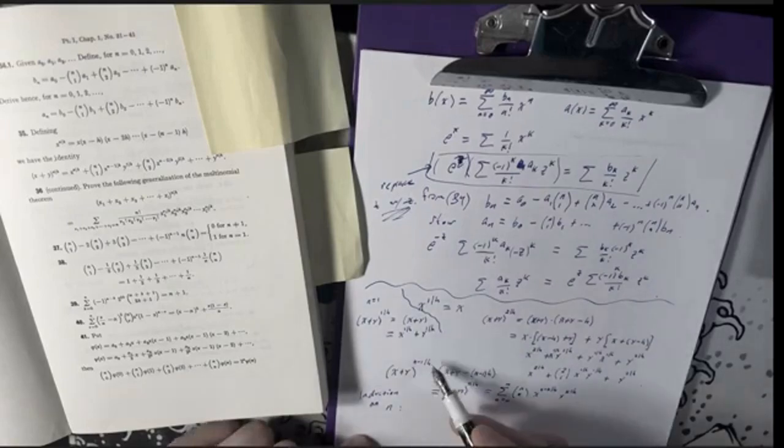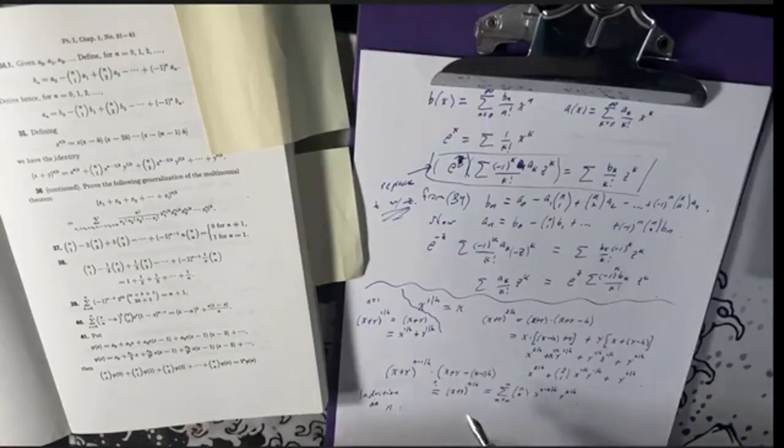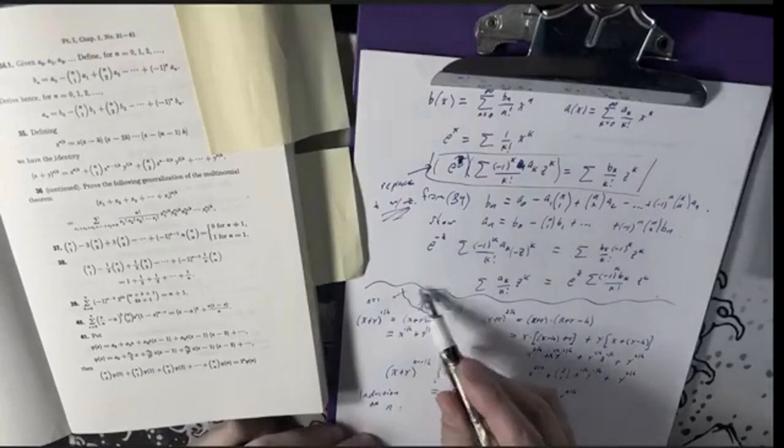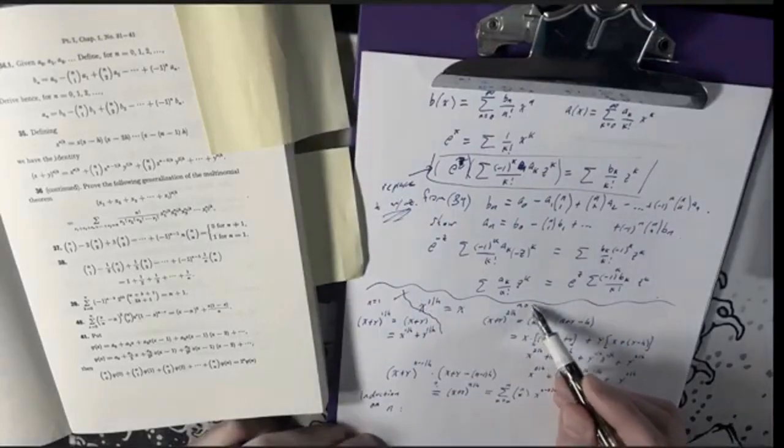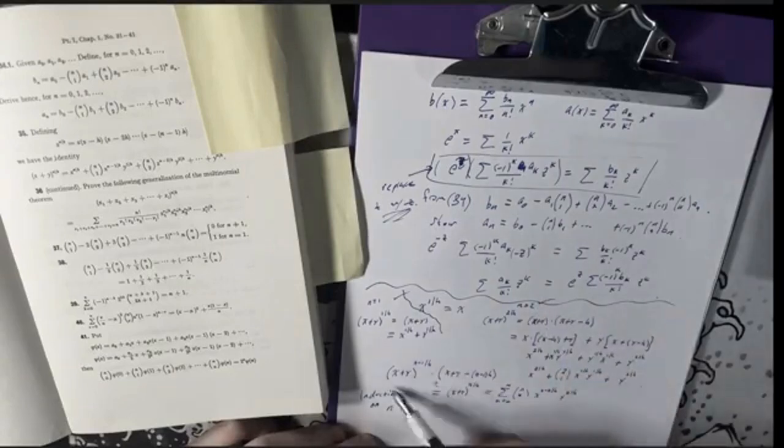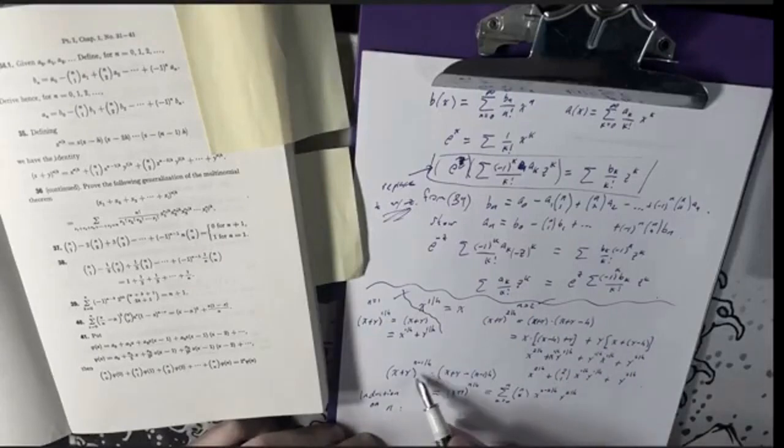So here we're assuming that it's true for this case. I already saw that it's true for 1 and 2. But now we're assuming that it's true for n minus 1, knowing that this part can be expressed as a sum of n choose k, x to the n minus k h, y to the k h, as k goes from 0 to n.